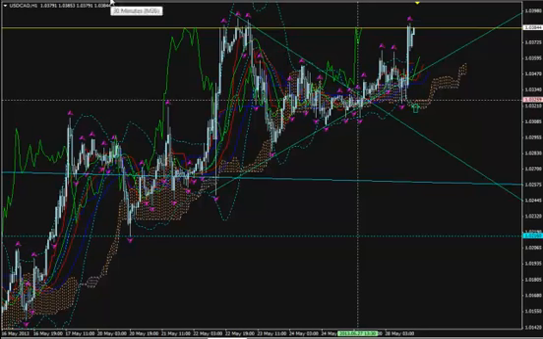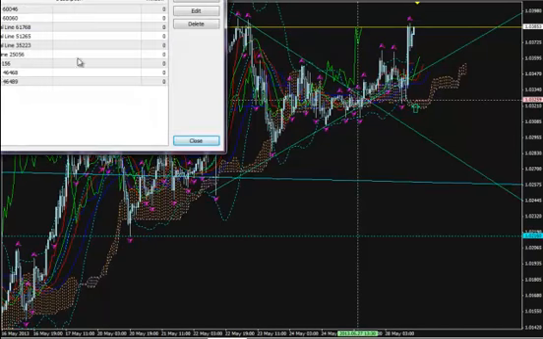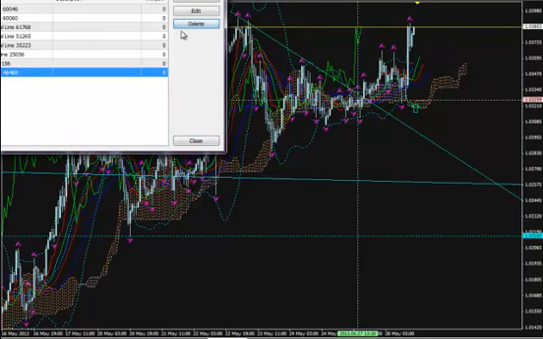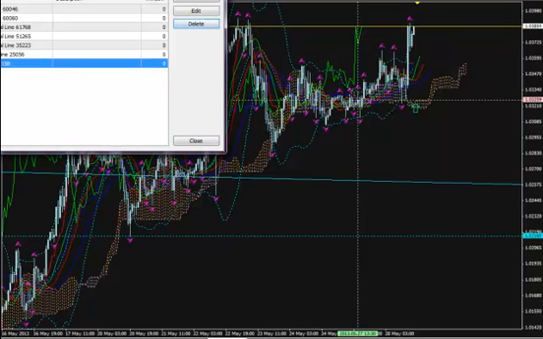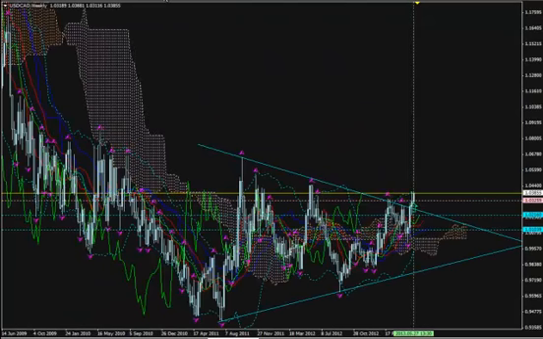Let me remove those lines now because they make this graph more complicated. Let me show you the bigger picture. We have this triangle on the weekly chart, and we expect this big breakout, which is happening.